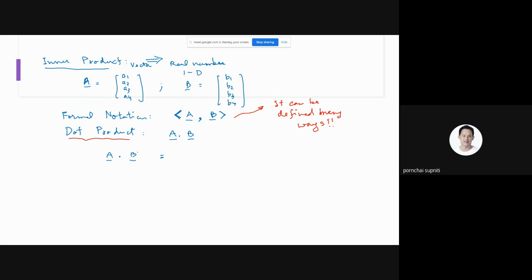One of the definitions is A transpose B. If we write down A transpose, we get A1, A2, A3, A4, and for B, we have B1, B2, B3, and B4. So what do we get here?